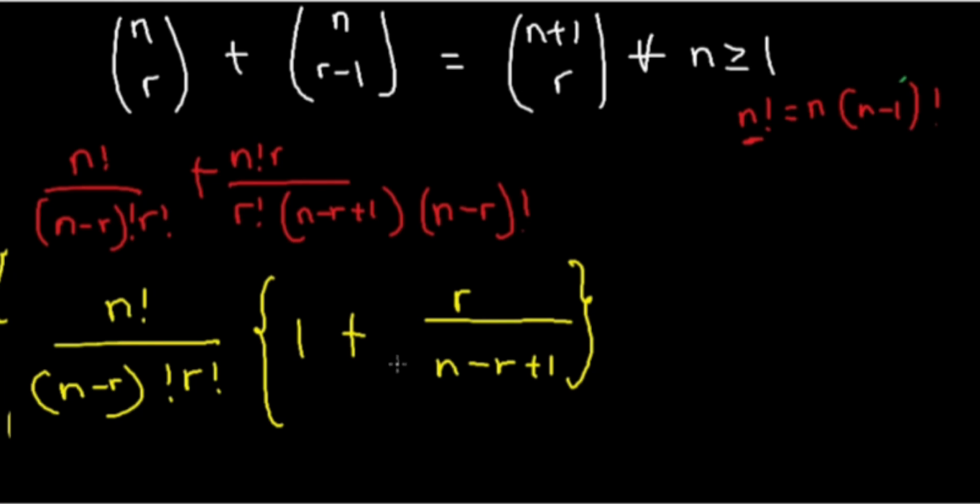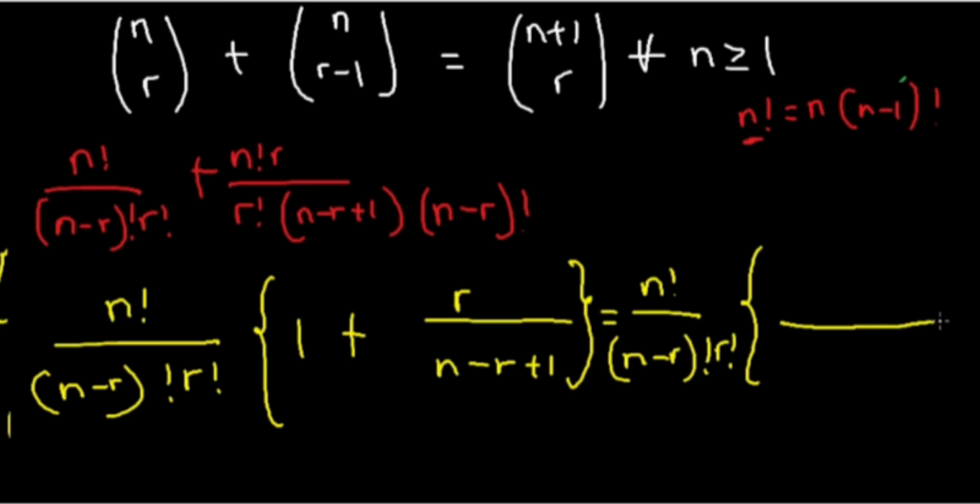Good. So if I want to find the LCM of this, it can still be written as N factorial over N minus R factorial into my LCM, which will be N minus R plus 1. Then I'll have N minus R plus 1 plus 1 in 1. If I add this over 1 in this, I'll still have this plus R.